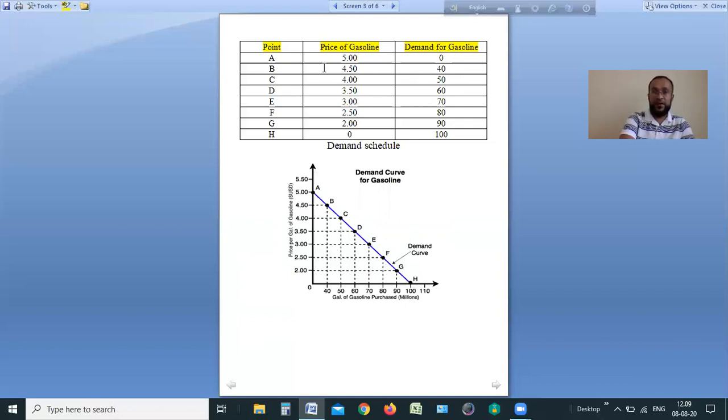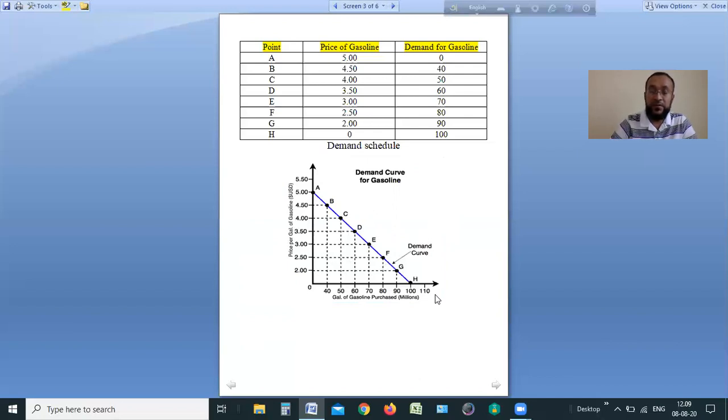Say for example at point A. Here on the vertical axis we are showing the price of gasoline per gallon in US dollars, and on the horizontal axis we are showing the quantity of gasoline in millions.